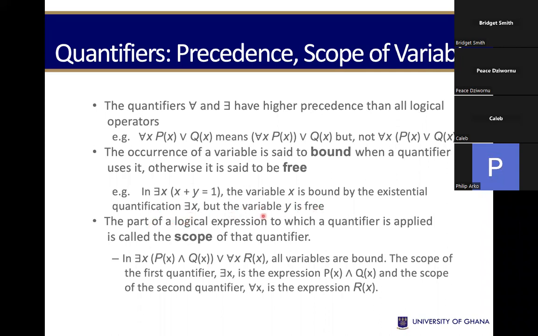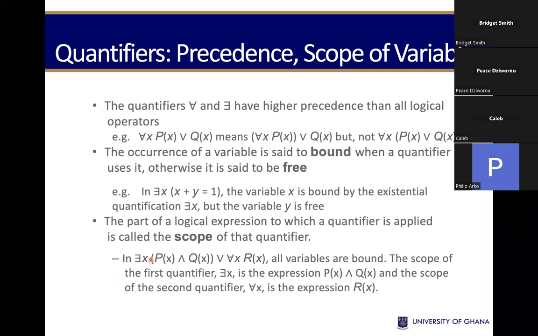The part of a logical expression to which the quantifier is applied is called the scope of that quantifier. So let's see. We have there exists x, p of x and q of x, or for all x, r of x. All variables are bound, right? The scope of the first quantifier, there exists x, is the expression p of x and q of x.